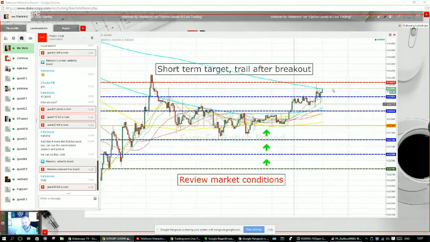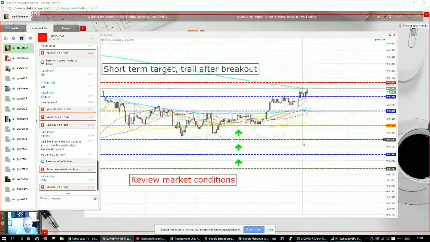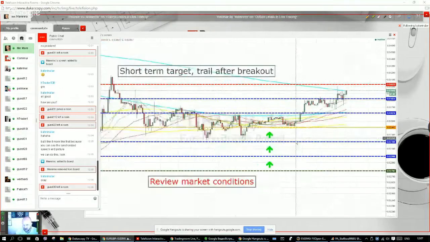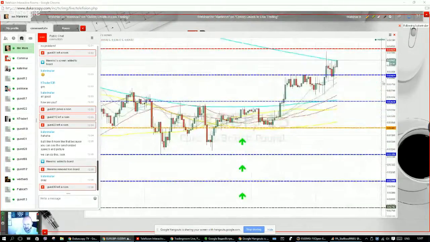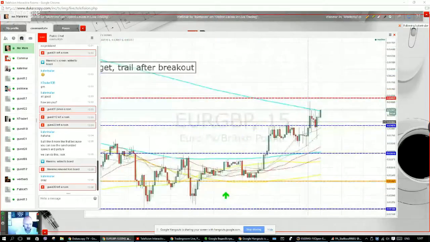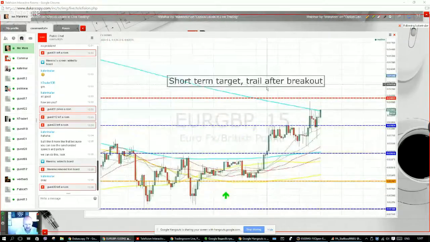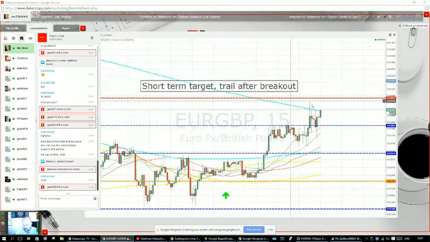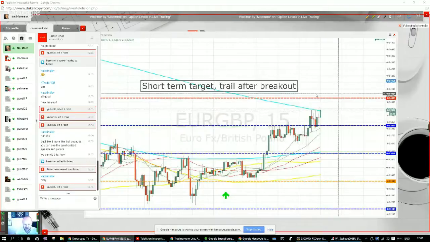The price is going up anyway at the moment, so I don't see any particular signals now. This is a short-term target, almost reached, and trail after breakout. So if you are long here, then trail it after the breakout.